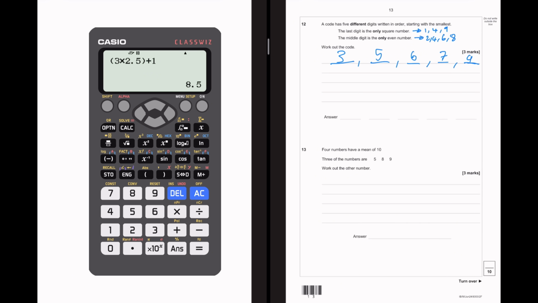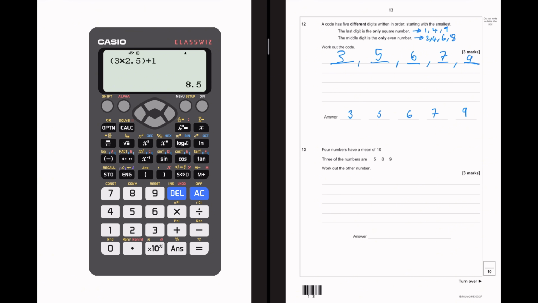Does this satisfy it? The last digit is the only square number, which is correct, that's 9. The middle digit is the only even number, which is 6. And then 5, 7, and 3 don't have a criteria. So yes, this code is the final answer.